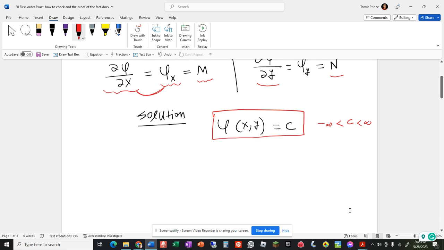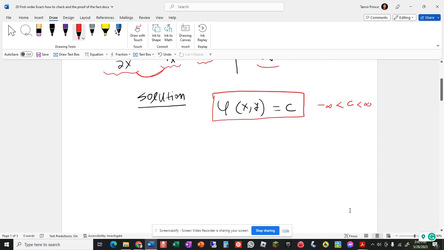A very simple and quick proof, and it actually also reminds us of the chain rule for multivariable functions. So let's think about our function phi. Right now, this function phi, as it looks, is a function of x and y, correct?